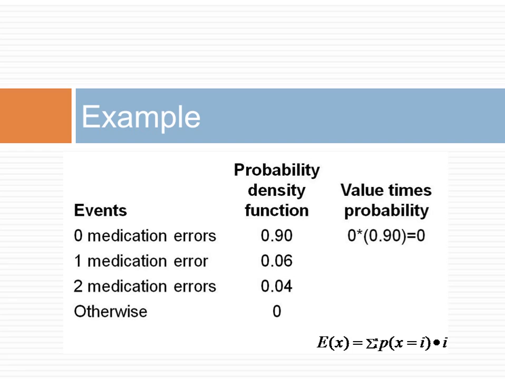medication errors. To calculate the expected value, first we multiply the value of each event by its probability. In the first row, 0 medication errors is multiplied by 90% chance to obtain 0.